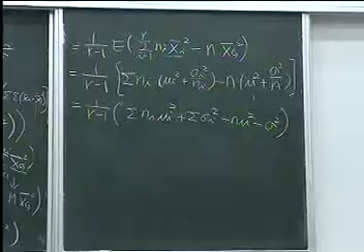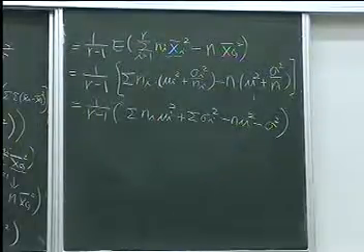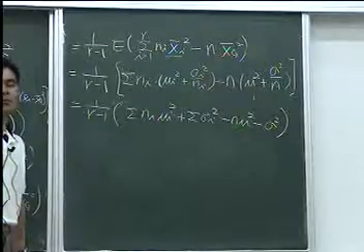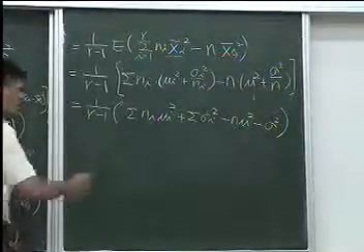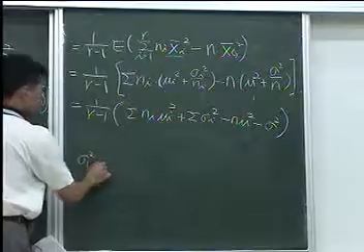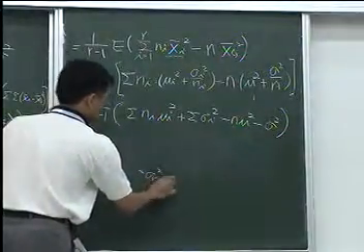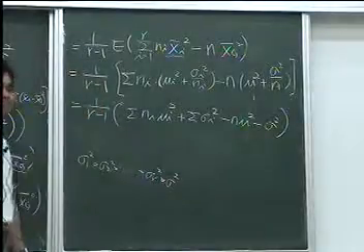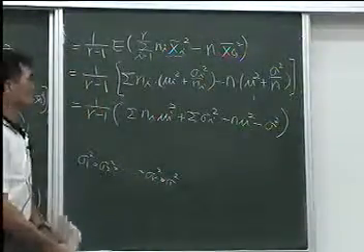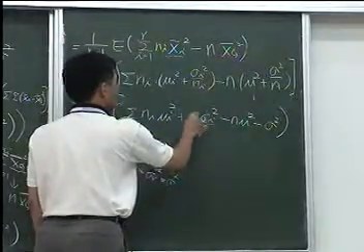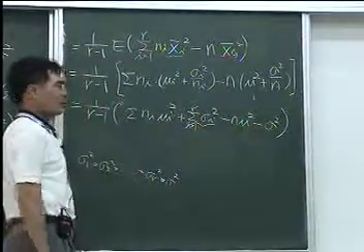Any questions? Remember, when we do ANOVA, we have one important assumption: sigma 1 squared is equal to sigma 2 squared is equal to sigma r squared is equal to sigma squared. So what does that mean? This sum is over I from 1 to r, so how many do we have?